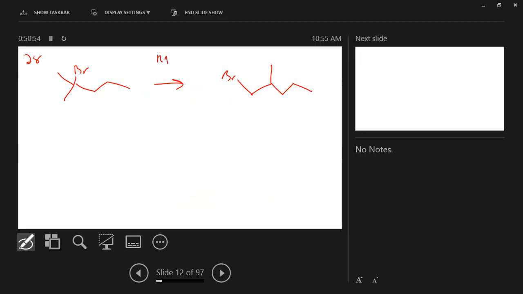So we have 2 reagents, R1, R2. Let's see something real quick.